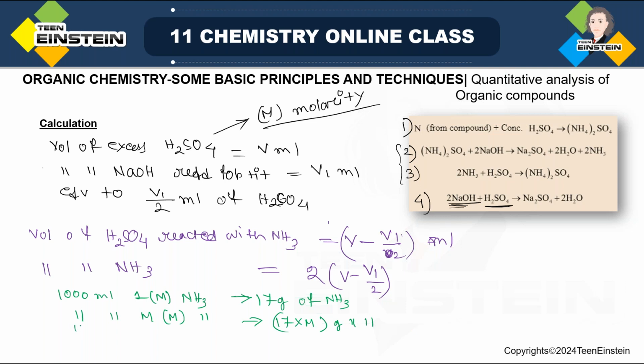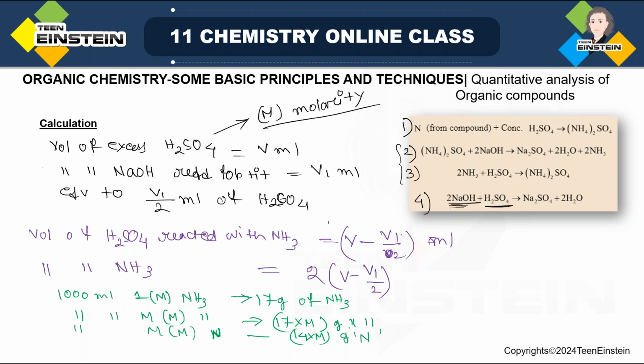And if it is nitrogen, 1 mole ammonia is basically equivalent to 1 mole nitrogen. Now instead of multiplying 17, I will multiply 14. So this is the mass of nitrogen, not N2. It is N. That is why it is 14, not 28.